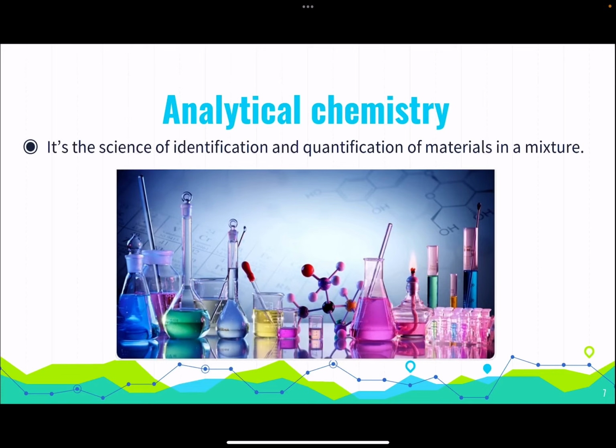The third one would be analytical chemistry. Analytical chemistry goes hand in hand with all of the other chemistry because it is the identification and quantification of materials in a mixture. So analytical chemistry is all about instrumentation and methods to identify things in a mixture.